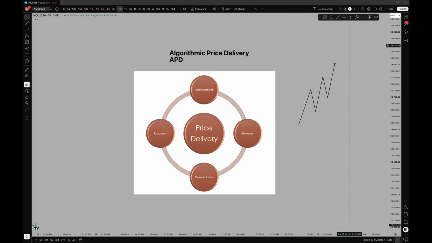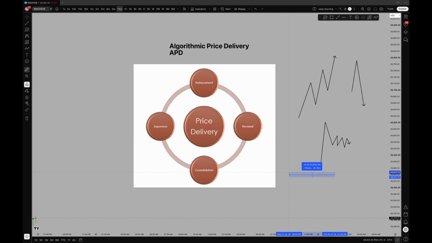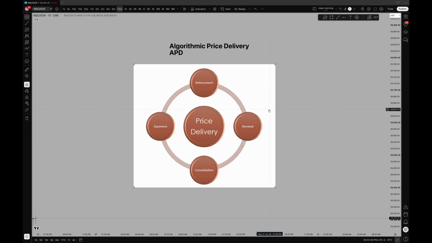If you get reversal, that's like your V type of movement. And again, you can get consolidation from your expansion. So all of those are very simple to see. And there's also simple models for them. So there's number 1, consolidation model.